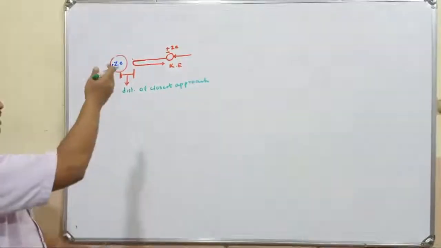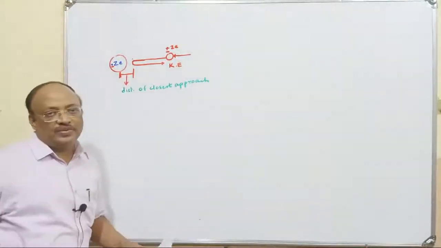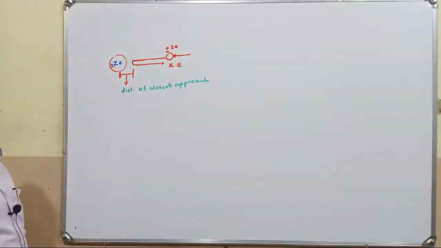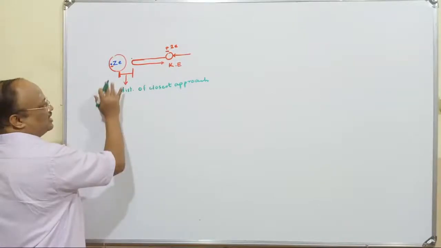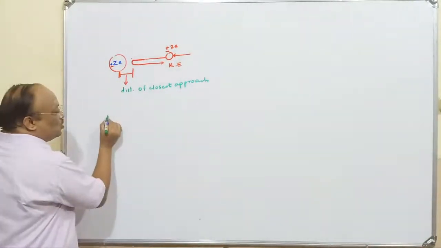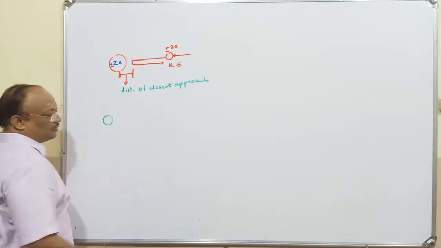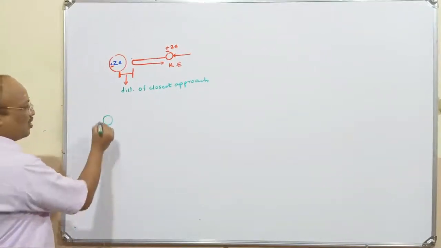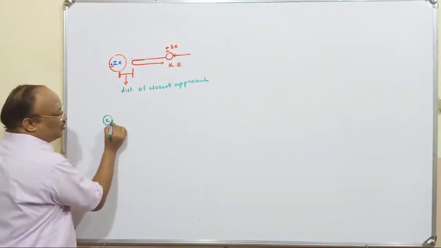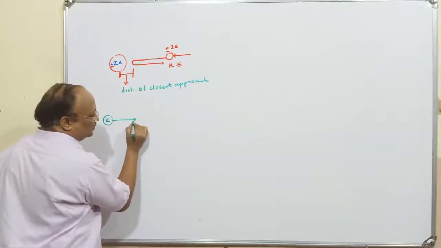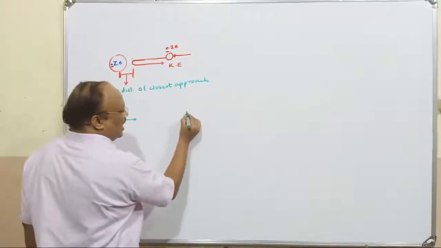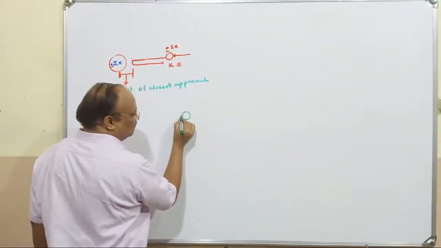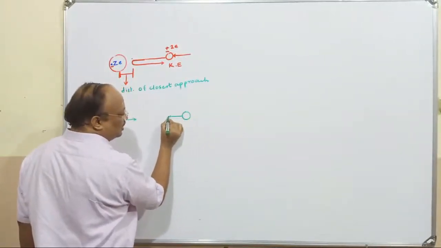So almost a similar question we have here. Rather than a nucleus and a particle, we have two electrons. This is one electron which is approaching, and there is another electron.